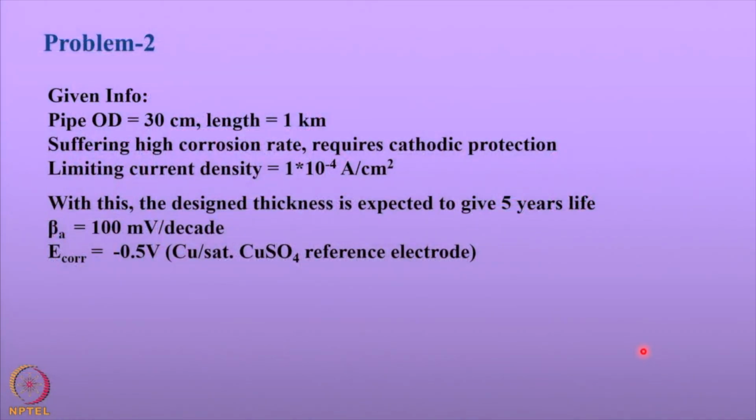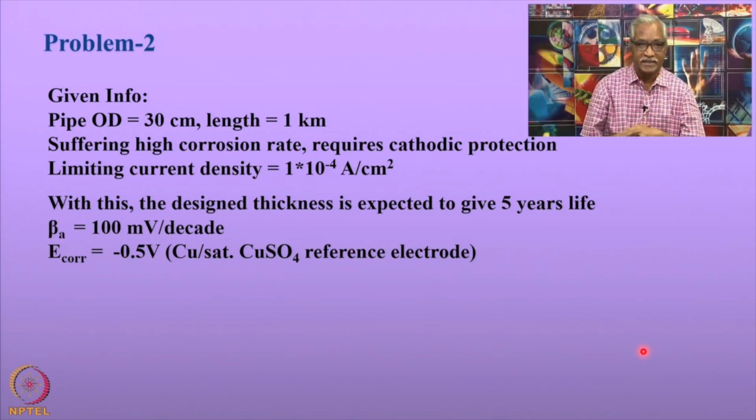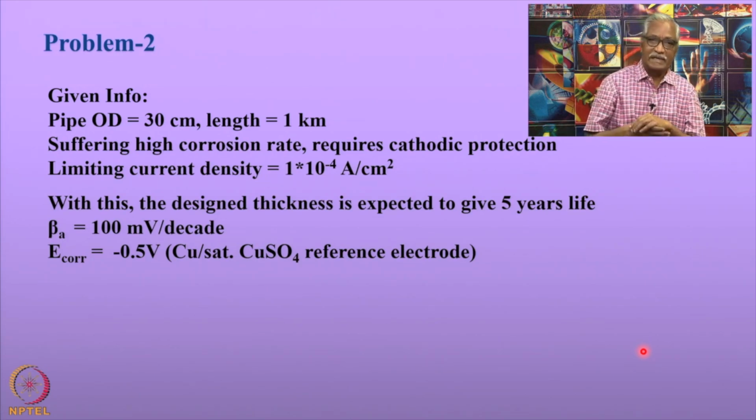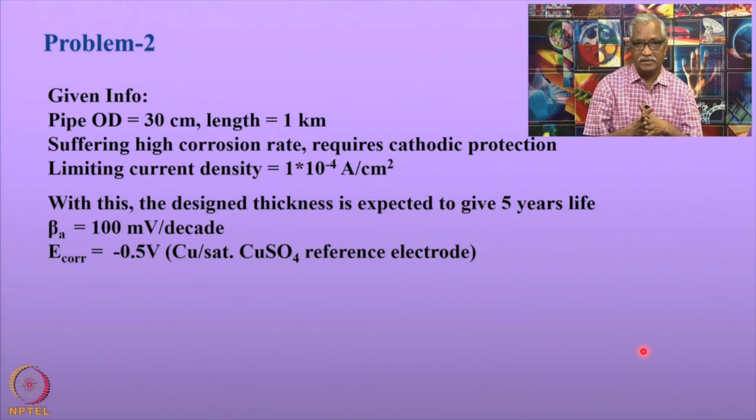This problem deals with a pipeline that suffers from diffusion limiting current density, a diffusion controlled corrosion rate, especially when the oxygen reduction reaction is the predominant cathodic reaction, and that happens when the pipelines have slightly neutral or relatively alkaline soil conditions, where the pH is slightly higher or neutral, for example 7 or 8, the predominant cathodic reaction is the oxygen reduction reaction.